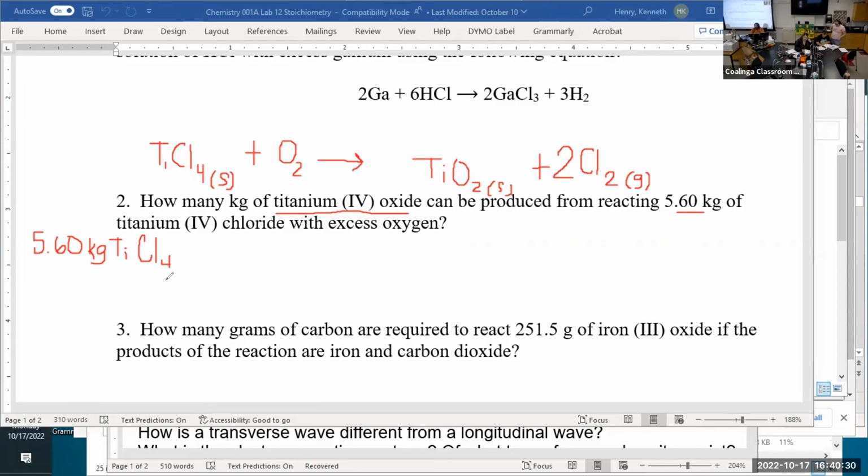So what is the molar mass of titanium chloride? We're going after this one, titanium chloride.